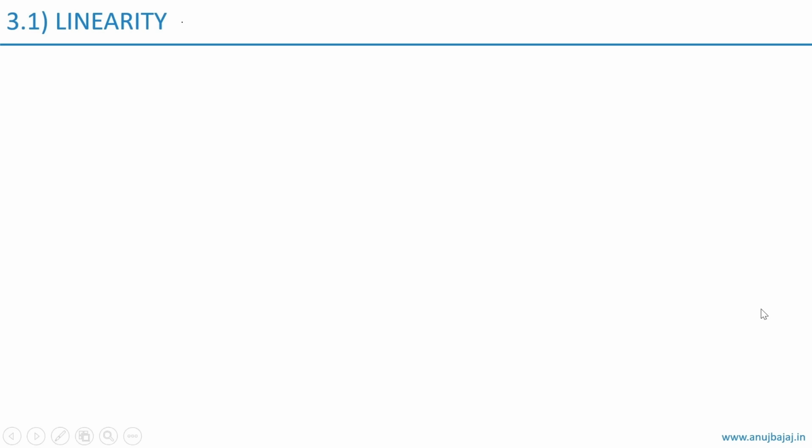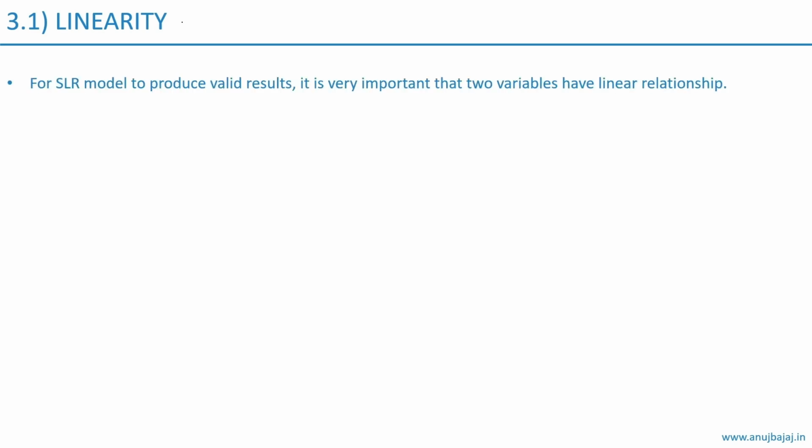Let us look at the first assumption, which is linearity. The simple linear regression model produces valid results when the two variables have a linear relationship. Linear relationship implies that for 1 unit increase or decrease in the independent variable, the dependent variable changes by the same amount.